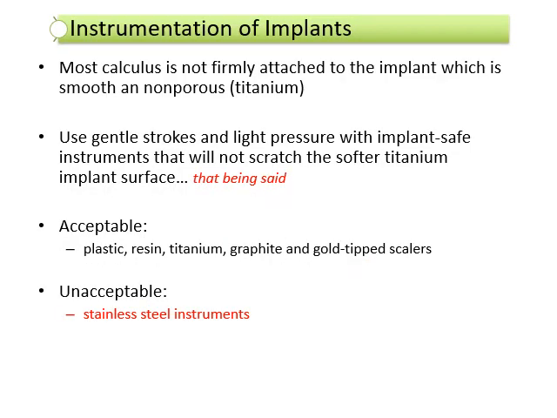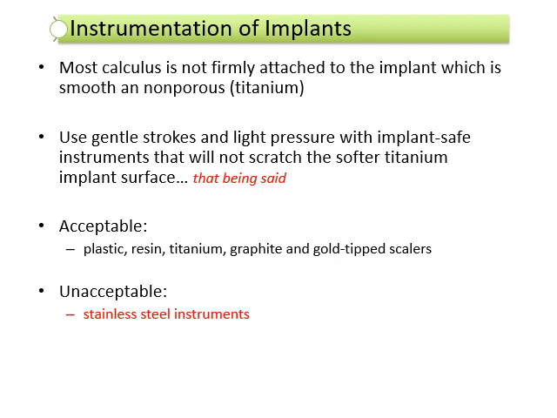Sort of like around dental crowns, most calculus around an implant is not tenaciously attached. So the implants, we want to remove the debris. Gentle strokes, light pressure. That being said, remove all of the plaque and calculus that you see around an implant.